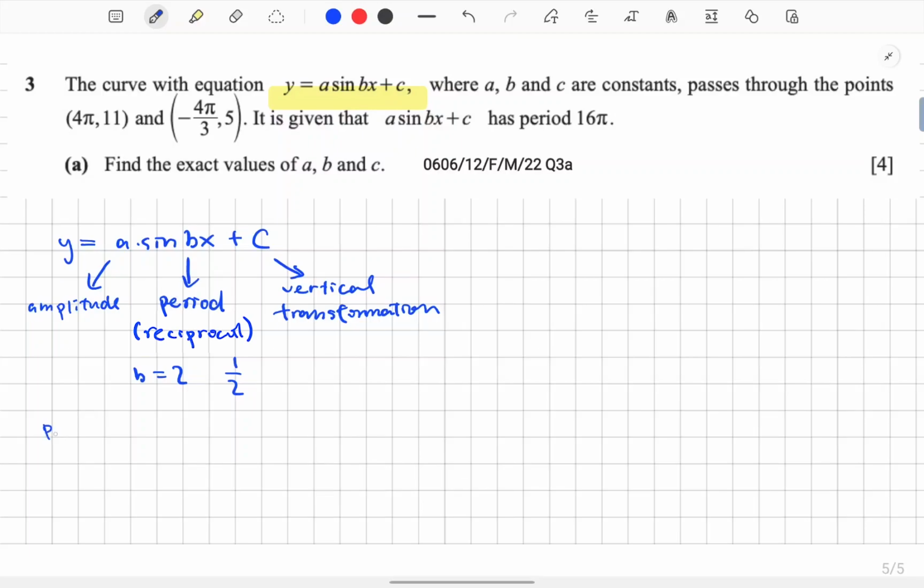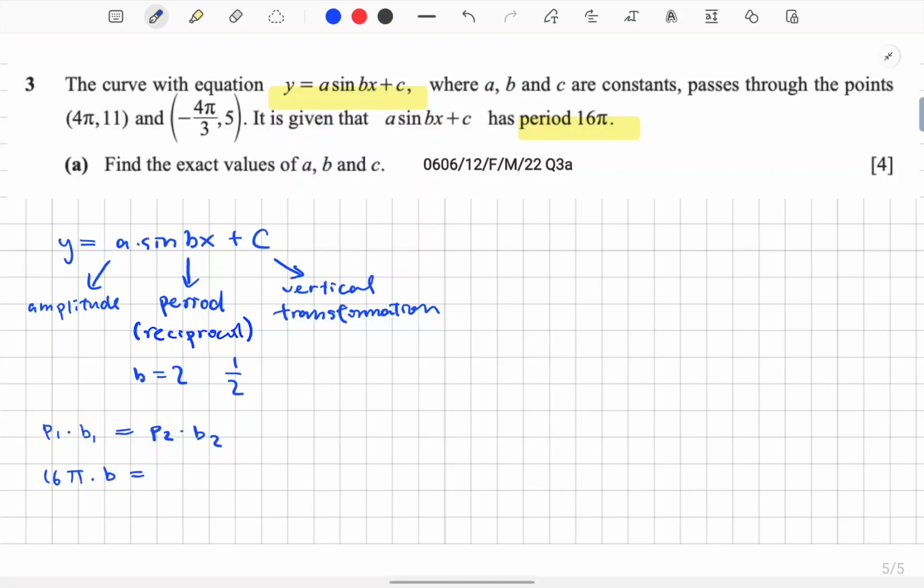It is period 1 times our constant b1 equals our second period times our second constant. So jumping into our question, it has told us that the period is 16 pi. This is our given period. We can write it here. And our b is unknown.